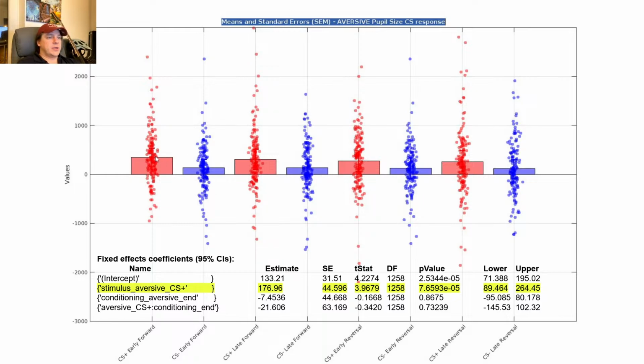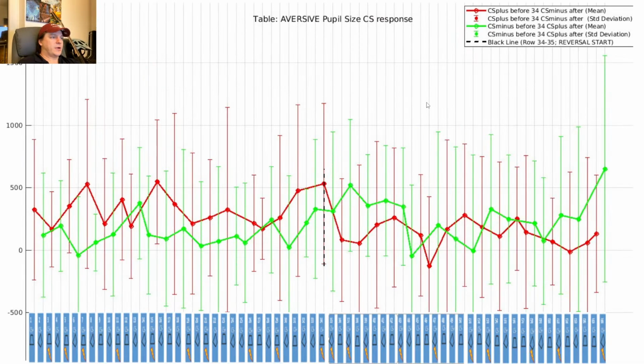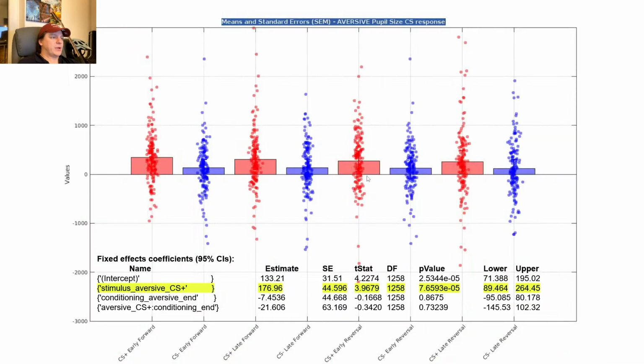Even visually, the CS plus is different from CS minus just from the beginning, and this difference decreases in the reversal. Here the color is changed, so CS plus is green, but here CS plus is always red, so that they are the symbol.